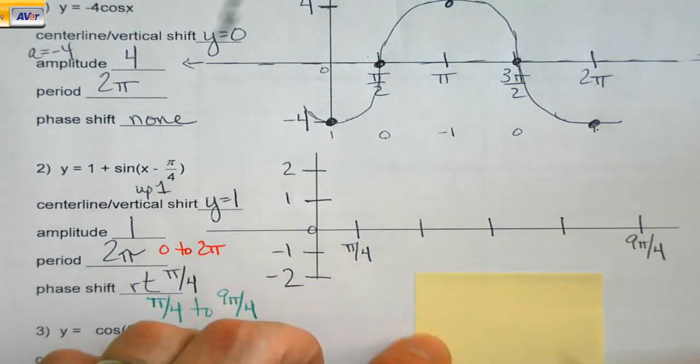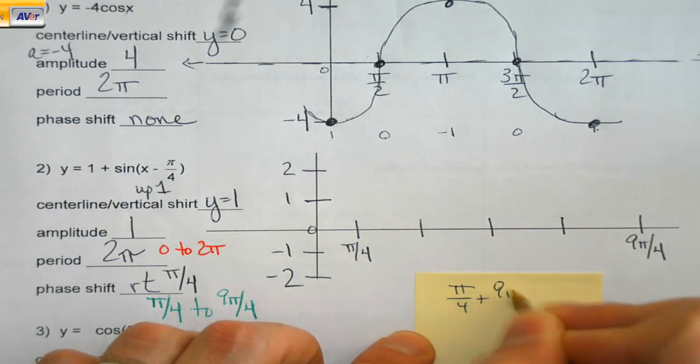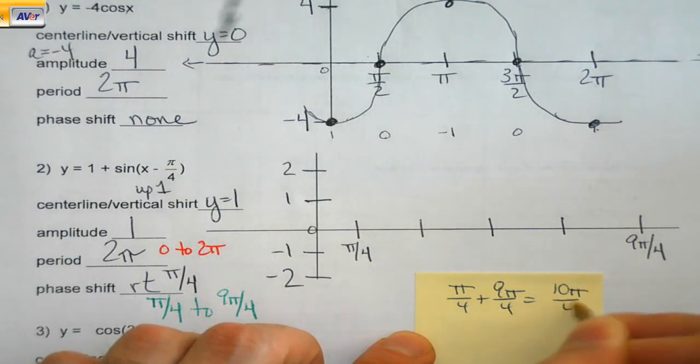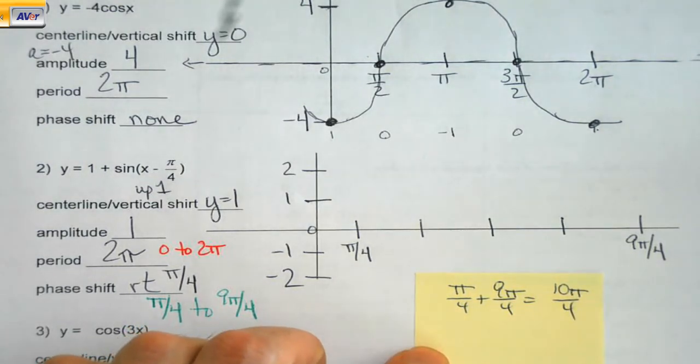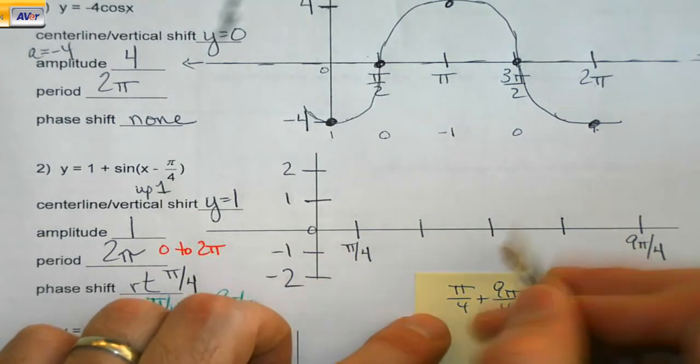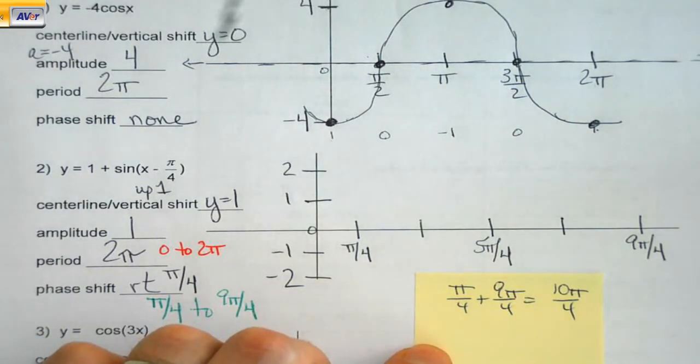Well, if I take pi over 4 plus 9 pi over 4, that's 10 pi over 4, right? But I need to cut that in half. So, what's in the middle of 1 and 9? Well, 5 is.